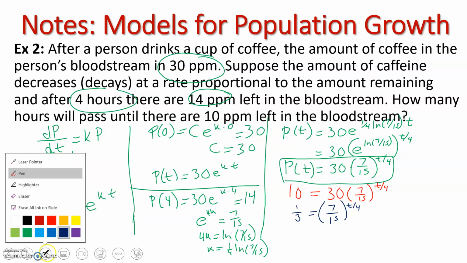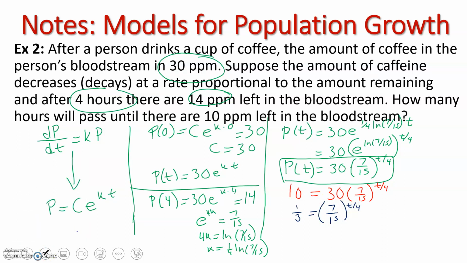We'll put both sides of this equation to the power of 4 in order to cancel that fourth root. And then we get 1/3 to the 4th power, which is 1/81. And then on this side, we have 7/15 to the power of t.